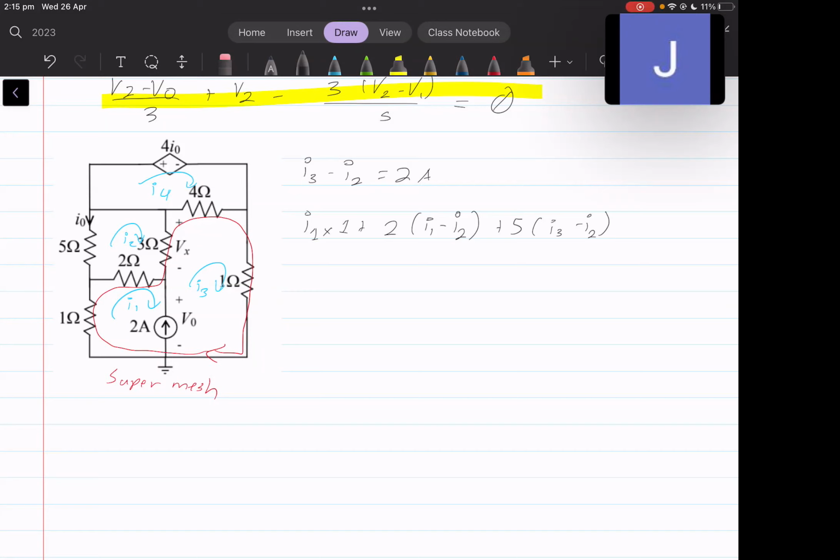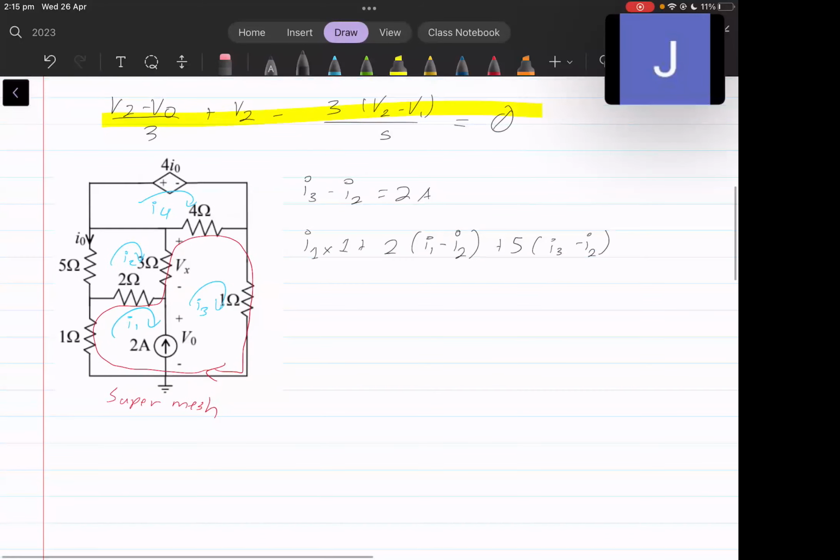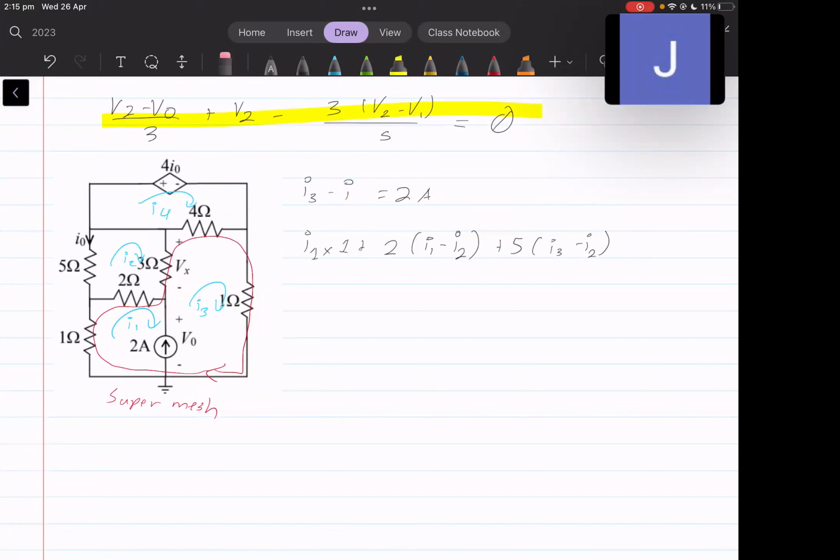Does this make sense how I'm choosing the positive and negatives so far? Just a question. Why is it I2, not I1? Thank you. It should be I1. I've just written the wrong thing down there. Sorry.